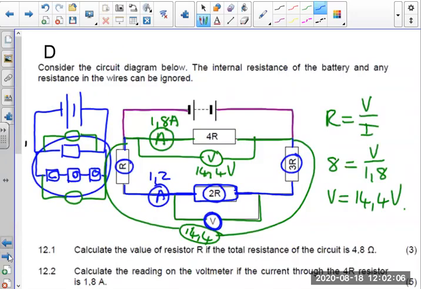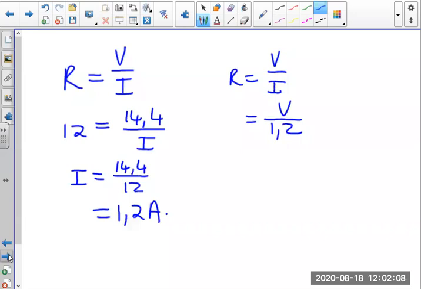So 2 times 2 is 4. So we're going to say 4 times 1.2 gives us an answer of 4.8 volts. So that is the voltmeter reading at the end for question 12.2.